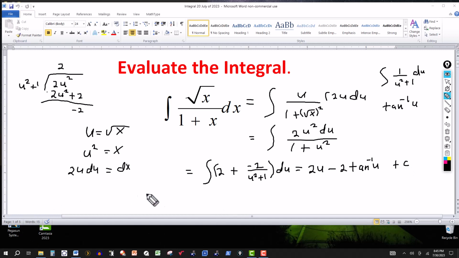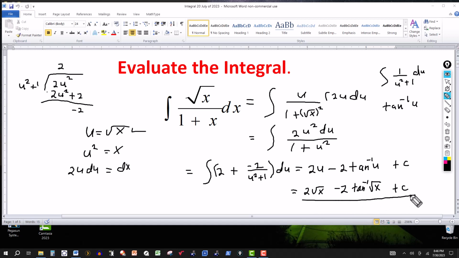Now we just go back to the original variable. So we know that u is the square root of x. So we write the final answer as 2 square root of x minus 2 tangent inverse of u, which is the square root of x, plus the constant of integration.